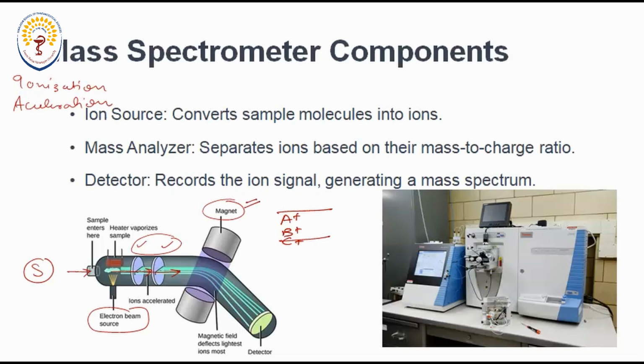It is because these ions are moving, and from the basic concept of physics we know that moving charges produce a magnetic field. The magnetic field produced by the charge interacts with the magnetic field produced by the magnet, and due to this interaction a force arises, and this force deflects the charged particles. The force depends upon the mass as well as the charge of the particle. So due to the mass to charge ratio, these particles are deflected.